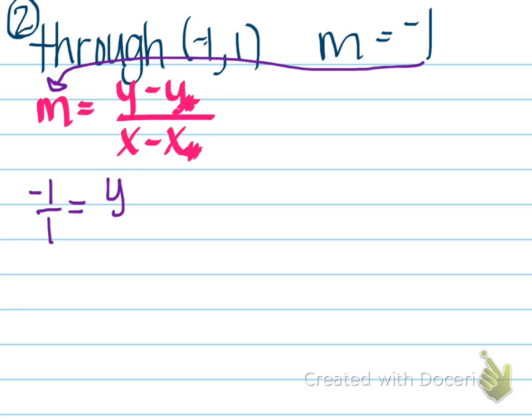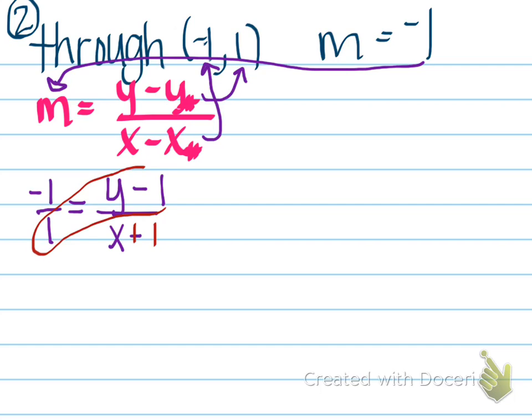Leave your y, and your y number is 1, and x minus your x number is negative 1, so when I plug that in, I'll go ahead and make that a plus 1 because I'll change the sign, a negative, negative. Now I'm going to do my crosses because I have two equal fractions.